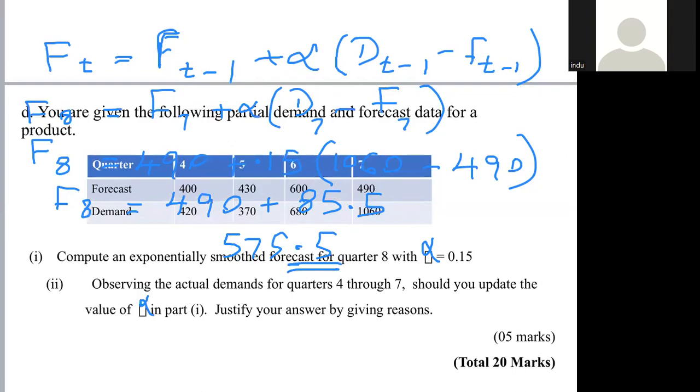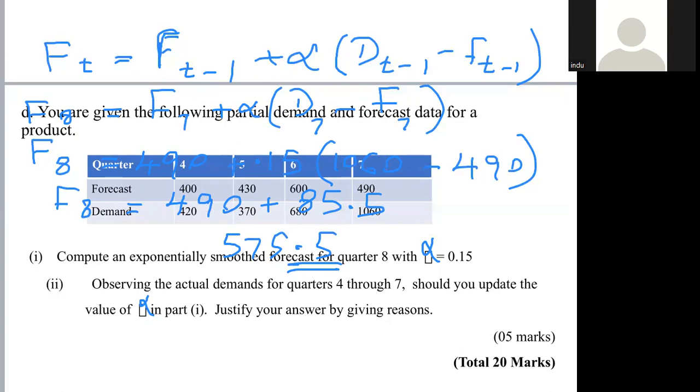So that means 0.1, 0.2, 0.3, likewise. In this case, it is given alpha equal to 0.15. So this question asks whether we need to change this alpha value.